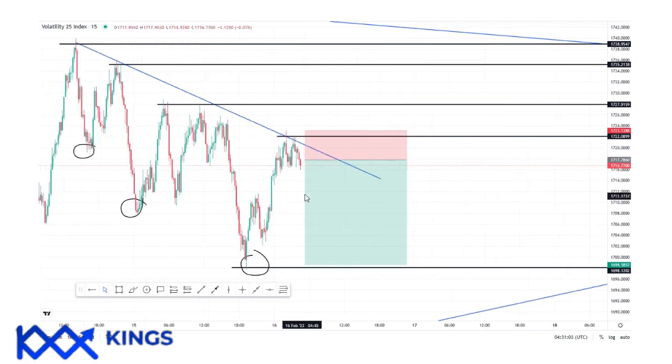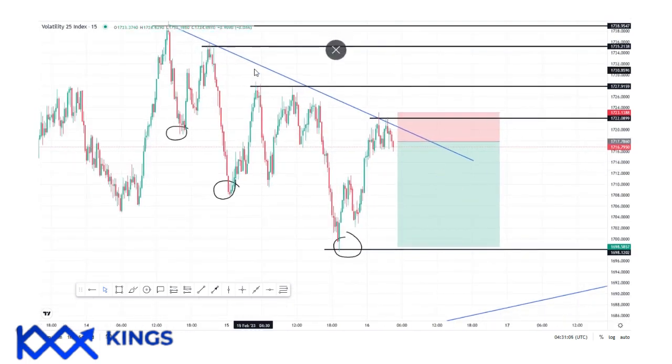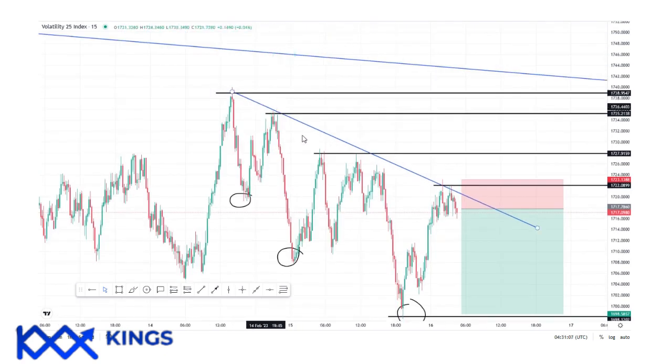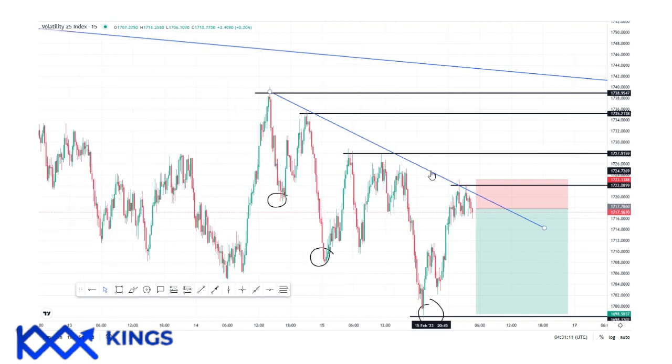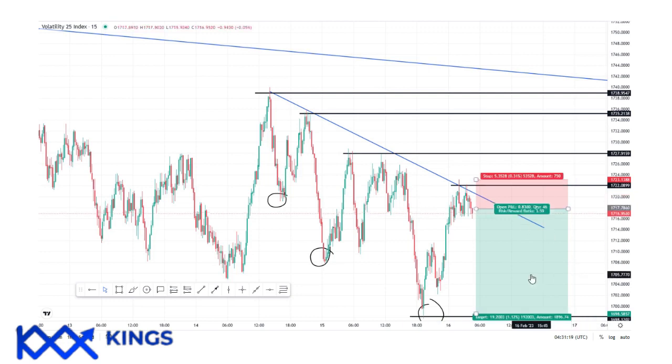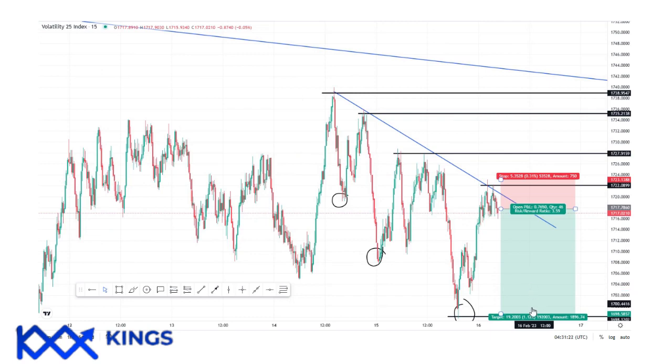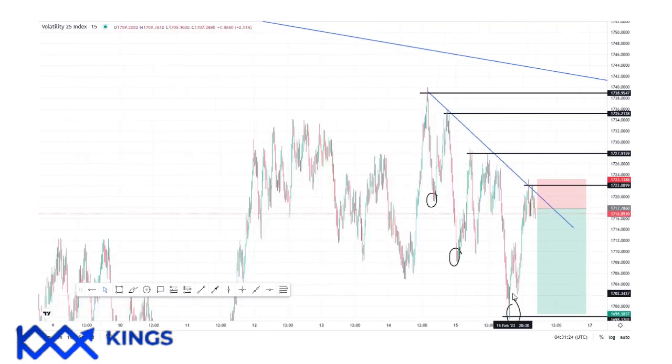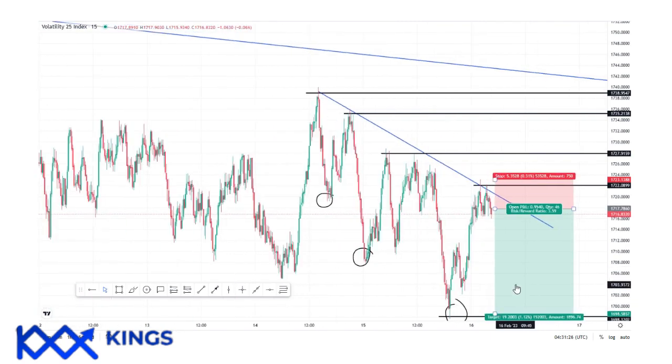So if you look right here, we also have touches at this zone of how the price is dropping. Then there's something you also need to check. Even though for me this is a kind of scalping, I'm not going to be holding the trade for a very long time. You can see I'm just targeting down to this point, the previous swing low.